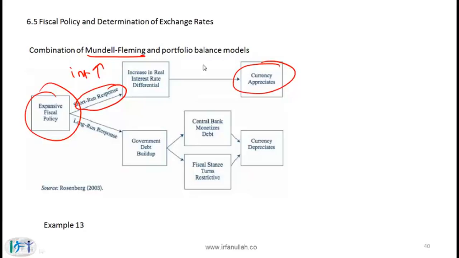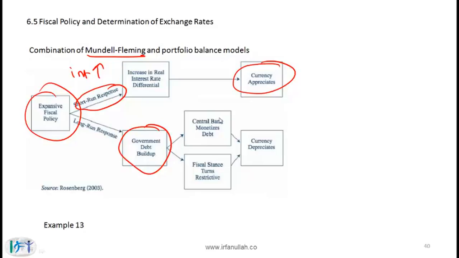The portfolio balance model helps us with the long run response. If the country has an expansive fiscal policy, there will be a budget deficit. If there is a persistent budget deficit, then the government debt will build. With the government debt increasing, one of two things can happen, or actually both can happen.